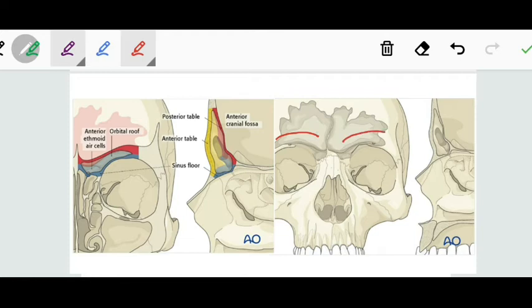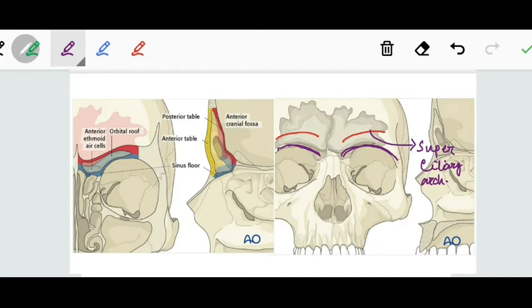What is that? A rounded curved elevation over and parallel to the supraorbital margin. Okay, that is called the superciliary arch. So the anterior wall of the frontal sinus is related to the superciliary arch of the forehead.